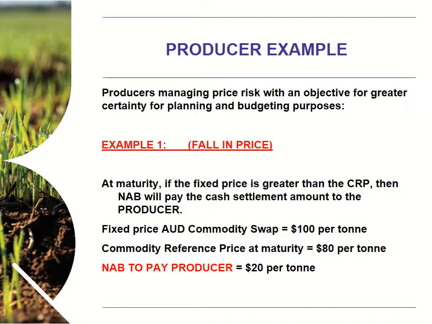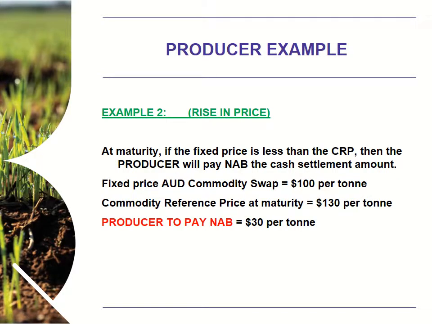Now, in the event that the price rises, for example, say they fix the price at $100, and at the end of maturity, say 3 months after signing the agreement, when the producer is going to be delivering his produce, they look at the commodity reference price at maturity and it is $130.